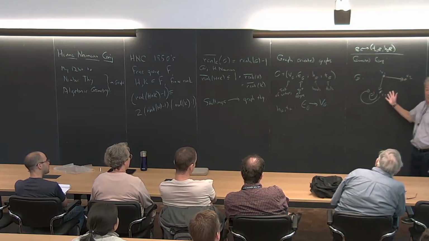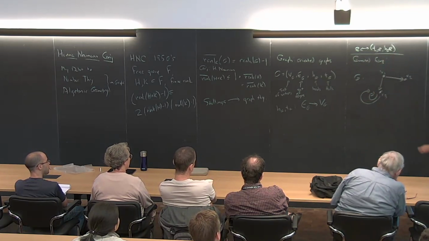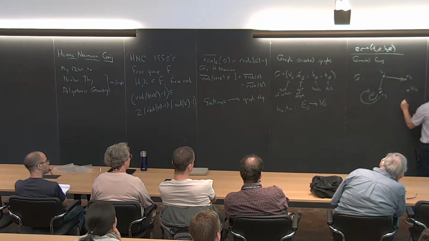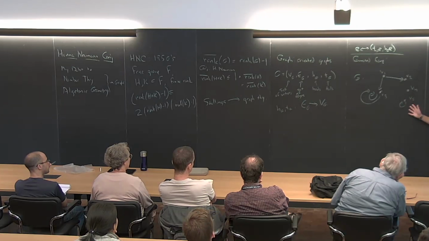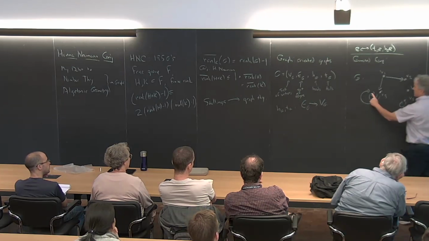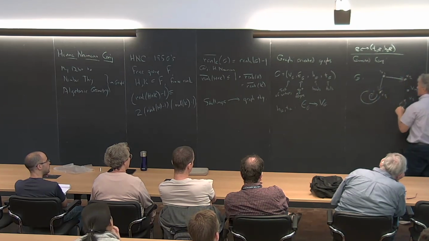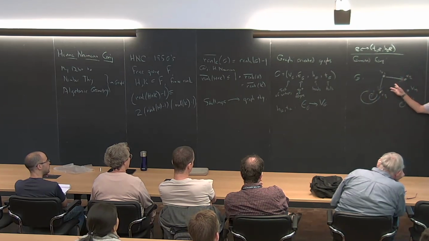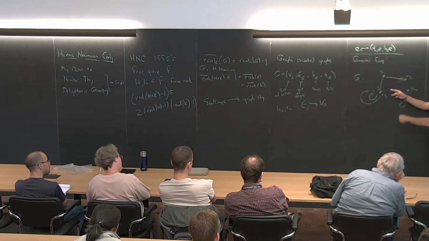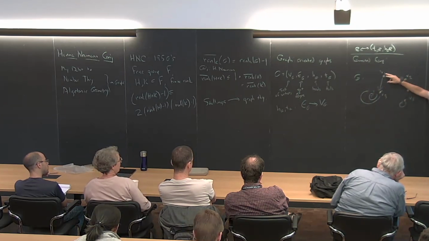Okay, so what's the connected component of a graph? Let's say you have a graph that looks like this. The first thing you do is you erase every single arrow that you see. You don't care about the direction. Then you say that two vertices are equivalent if there's a walk from one to the other in the graph, meaning a sequence of alternating vertices and edges.